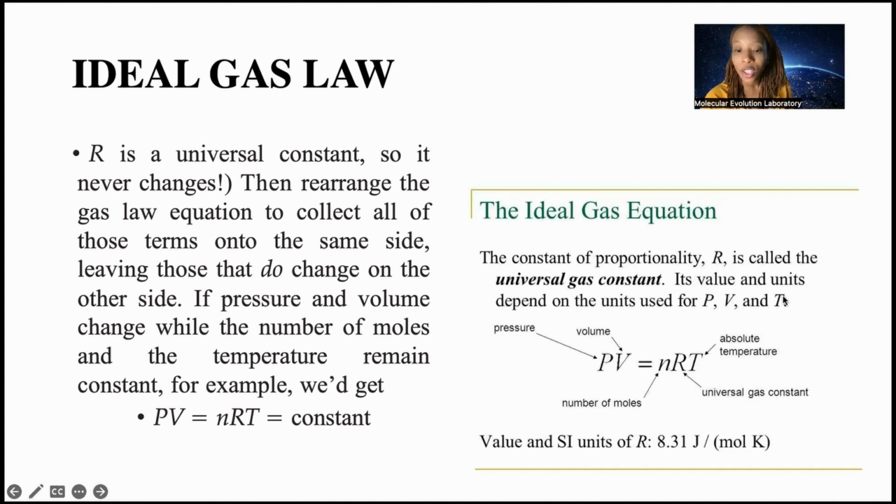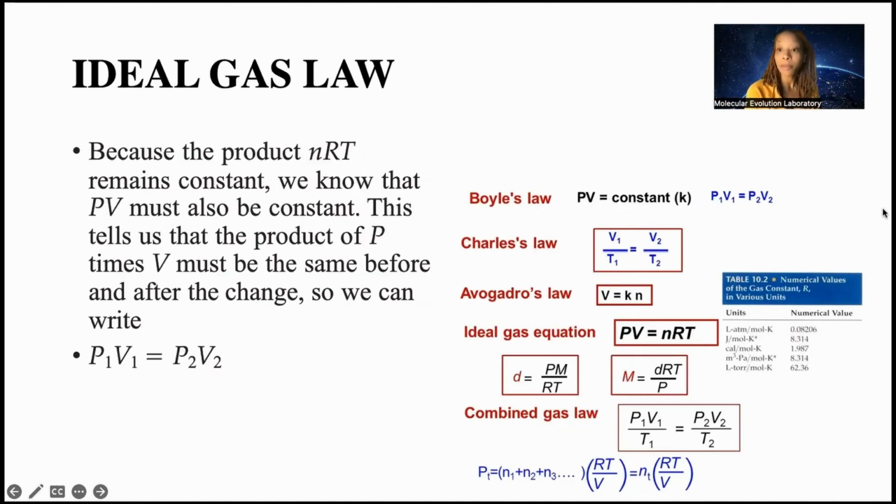Its value and units depend on the units used for pressure, volume, and temperature. So remember, for the ideal gas law, PV, pressure times volume, equals nRT. N is the number of moles, R is the constant, T is the temperature in Kelvin. Because the product nRT remains constant, we know that PV must be constant as well. This tells us that the product of P times V must be the same before and after the change.